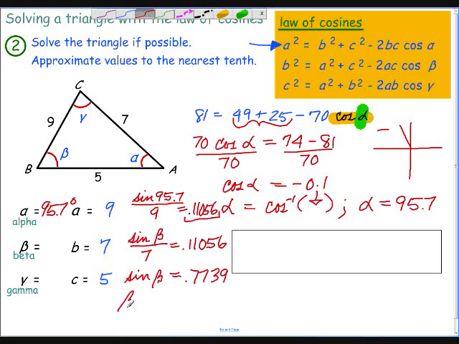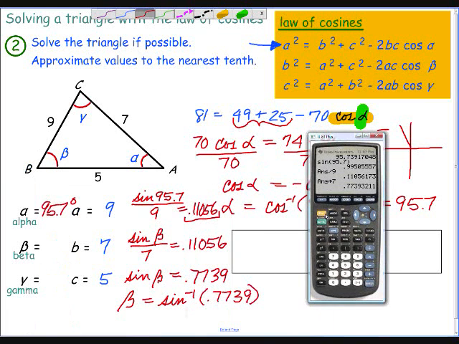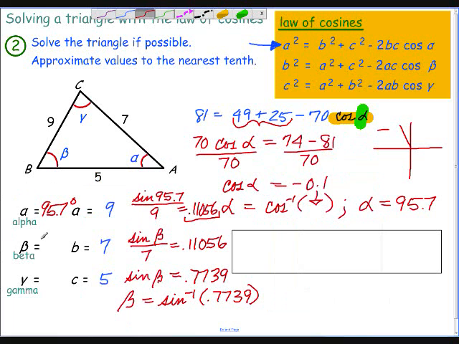So beta is equal to the arc sine of this ratio. Let's see what that will be. Arc sine of 0.7739 is 50.7 degrees.